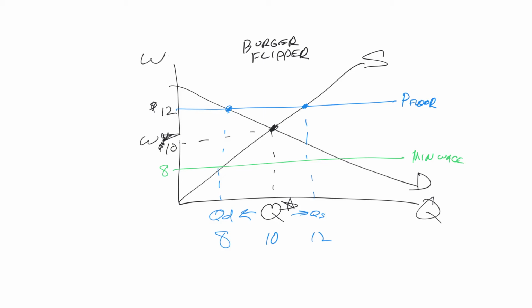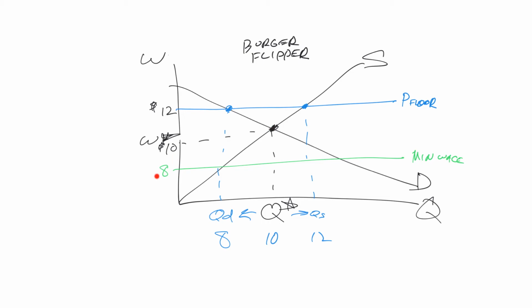Except this is not a binding price control. We call it a binding price control if there is something in the way of equilibrium being achieved. This minimum wage just says wages can't go below this point. Wages have no trouble going above this point, okay? So it's not in the way.